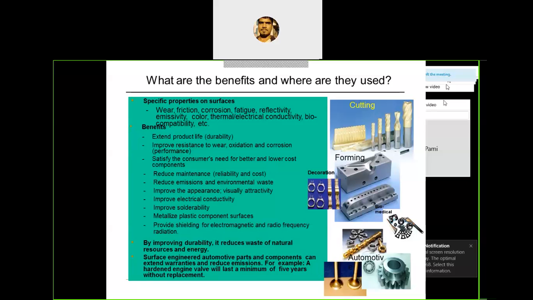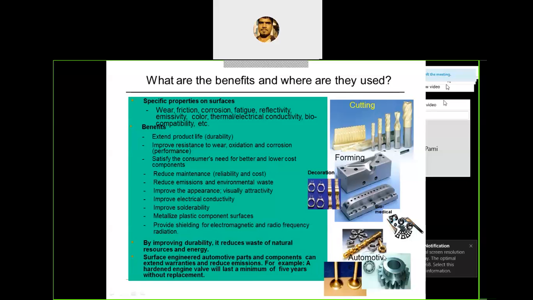Whatever the benefits of a tribological solution, the same benefits also come from surface engineering, in automotive parts. If you use surface engineering in automotive parts, like inside the combustion chamber, we are going to put some materials just to increase the efficiency.